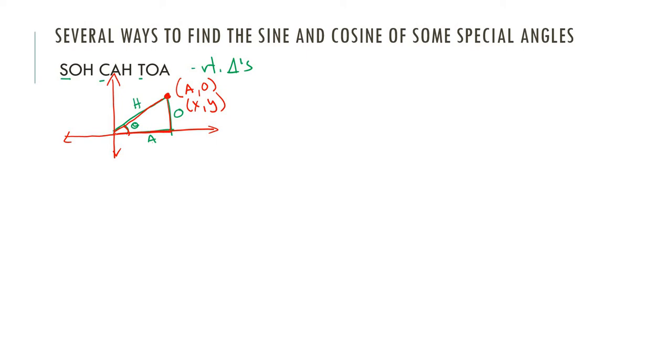So this distance is my x value. This distance is my y value. So now I can say that sine of theta is y over, and I'm going to change this to a radius. And we're going to call it the radius of a circle. So let's go over and look at our unit circle.